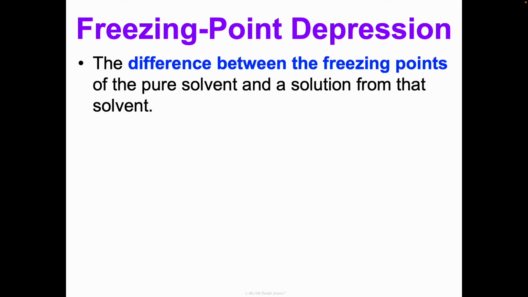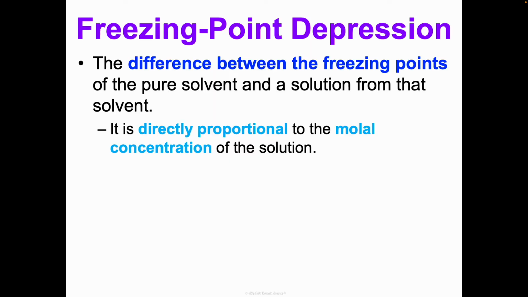This is the difference between the freezing points of a pure solvent and a solution from that solvent, like the difference between the freezing point of water and salt water. It is directly proportional to the molal concentration of the solution. So we're always going to look at molalities when we're looking at these numbers.